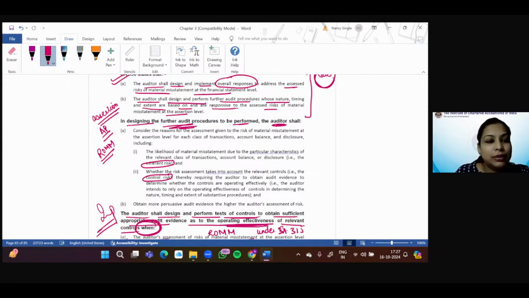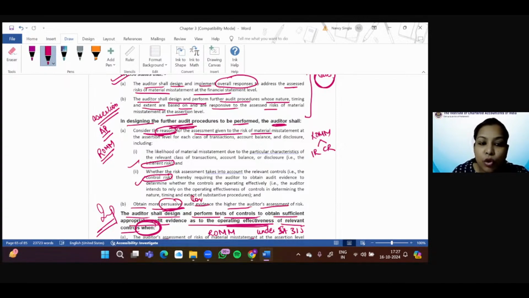First, in designing the further audit procedures, the auditor shall consider the reasons for the assessment given to the risk of material misstatement. See, risk of material misstatement consists of inherent risk and control risk. So what is the reason? He'll consider both and obtain more persuasive audit evidence the higher the auditor's assessment of risk. Persuasive is what? More convincing.